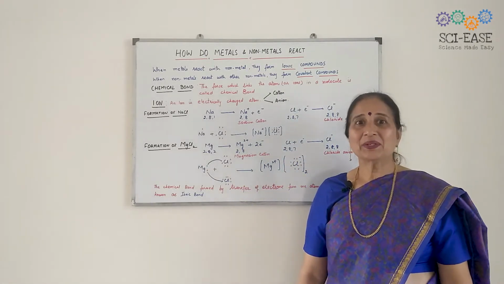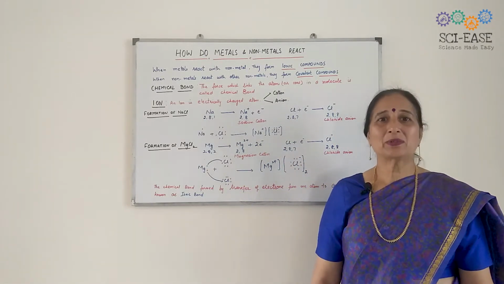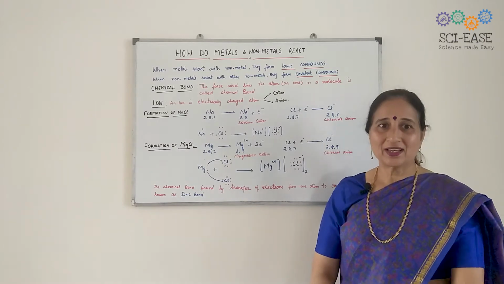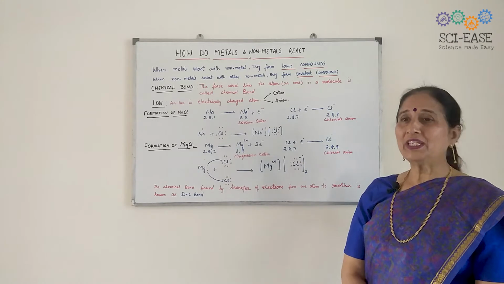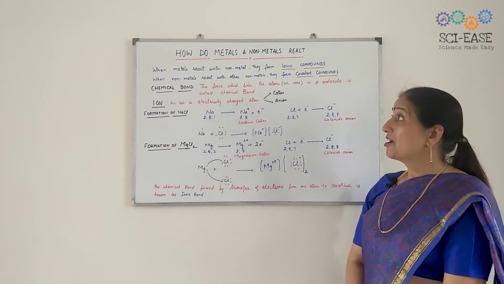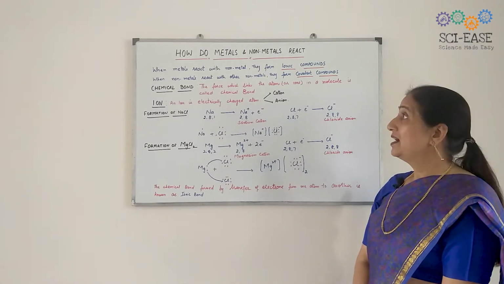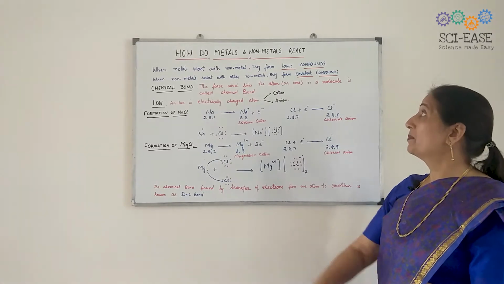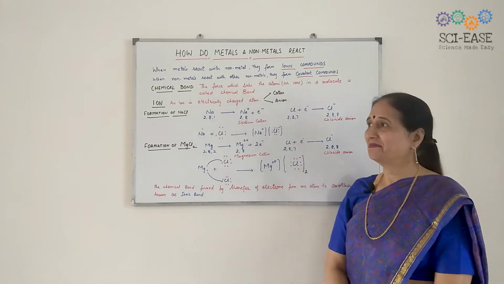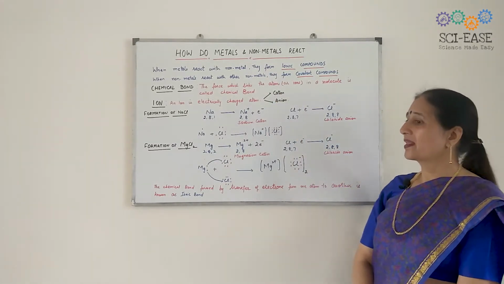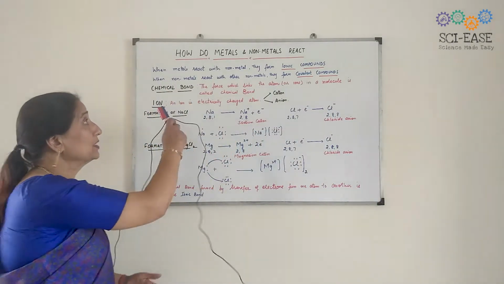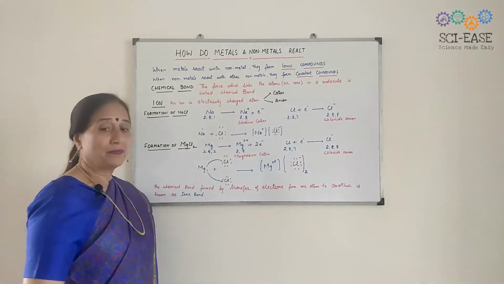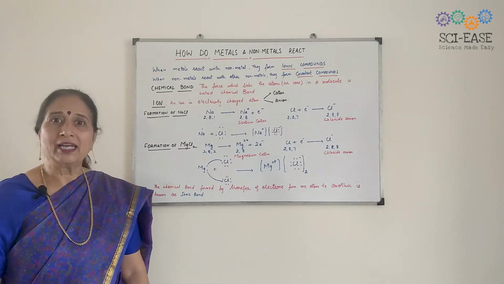In the last video, we discussed the chemical properties of metals and non-metals. In this video, we will study how metals and non-metals react. When metals react with non-metals, they form ionic compounds.